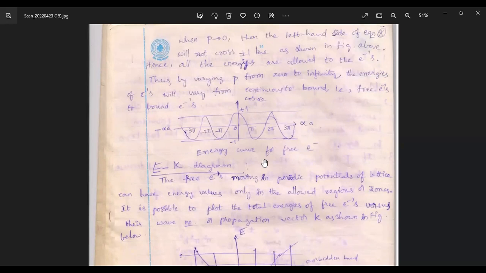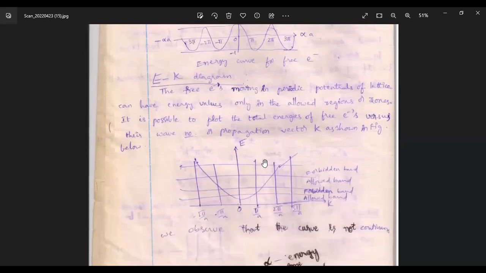Okay, the E versus K diagram represents free electrons moving in the periodic potential of the lattice, which can have energy values only in the allowed regions or zones. It is possible to plot the total energies of the free electrons versus their wave number or propagation vector K, as shown in the figure.